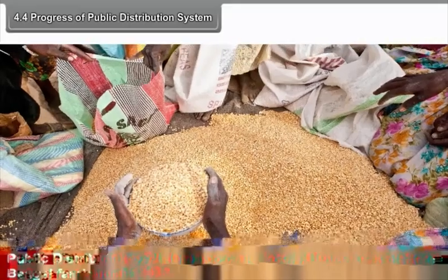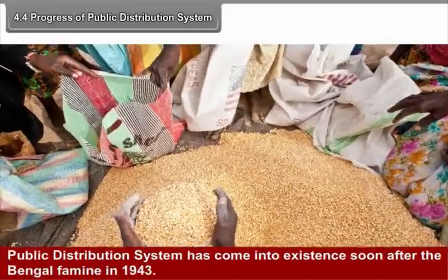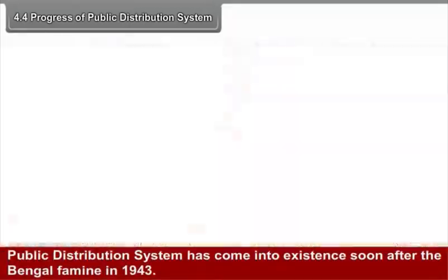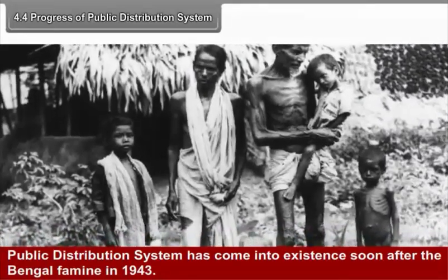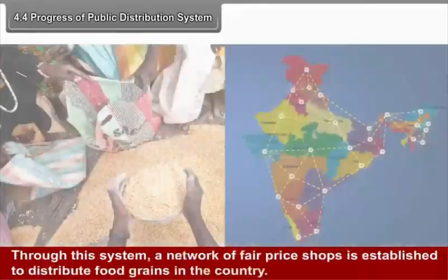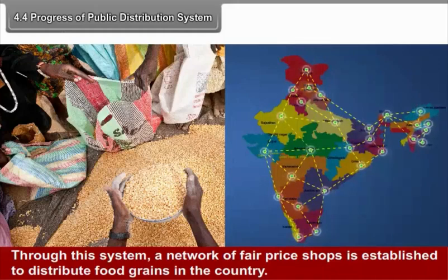4.4 Progress of public distribution system. Public distribution system came into existence soon after the Bengal famine in 1943. Through this system, a network of fair price shops is established to distribute food grains in the country.